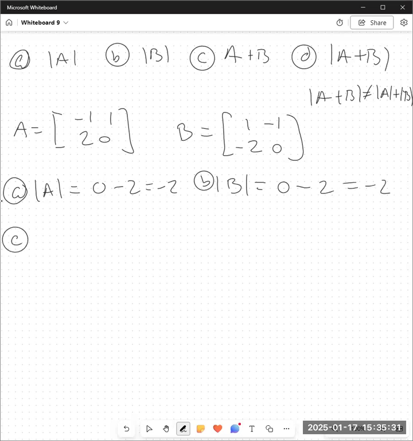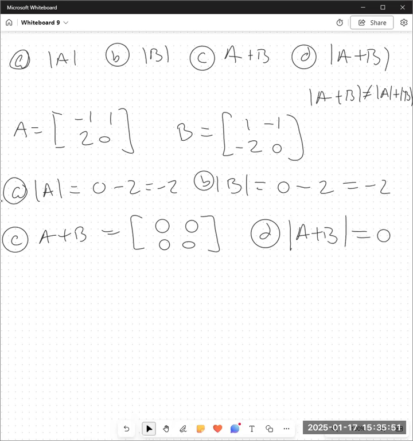Part C, matrix A plus matrix B is 0, 0, 0, 0. And that is D. The determinant of A plus B is clearly going to be 0 because it has all zeros in it.